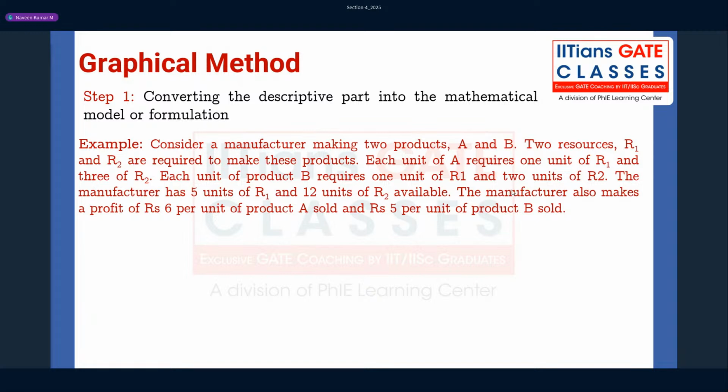So in here, because there is no commonality between the pen and pencil, let's say if A and B are pen and pencils, R1 and R2 are machines. Let's say both machines R1 and R2 are able to produce these two products. In the sense, A and B can be produced on R1 as well as R2.